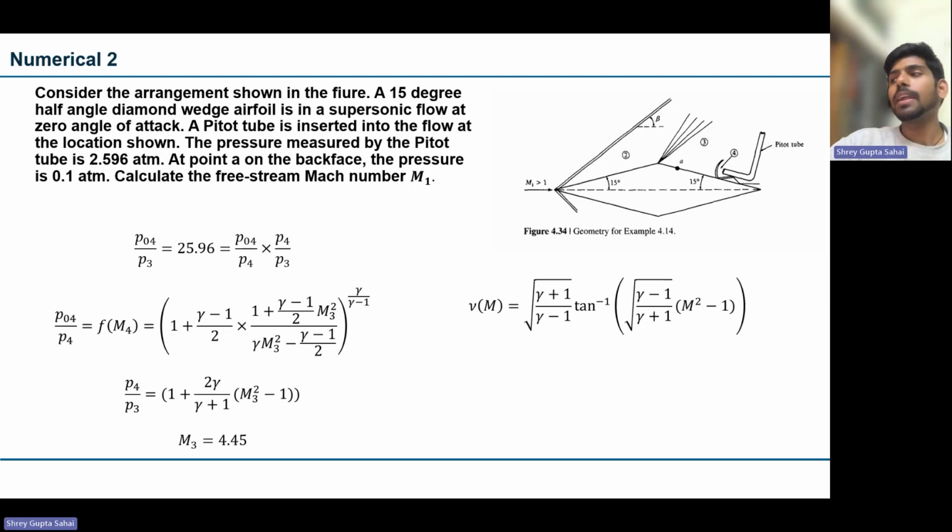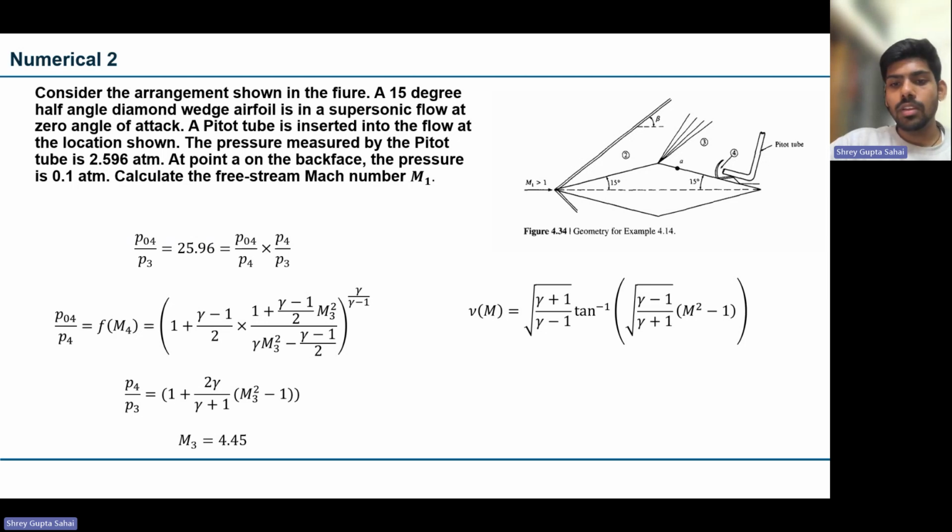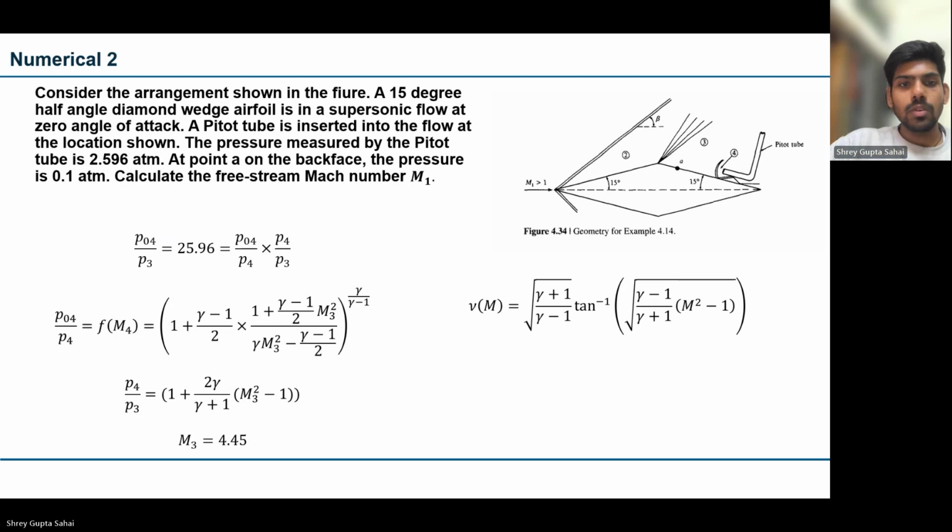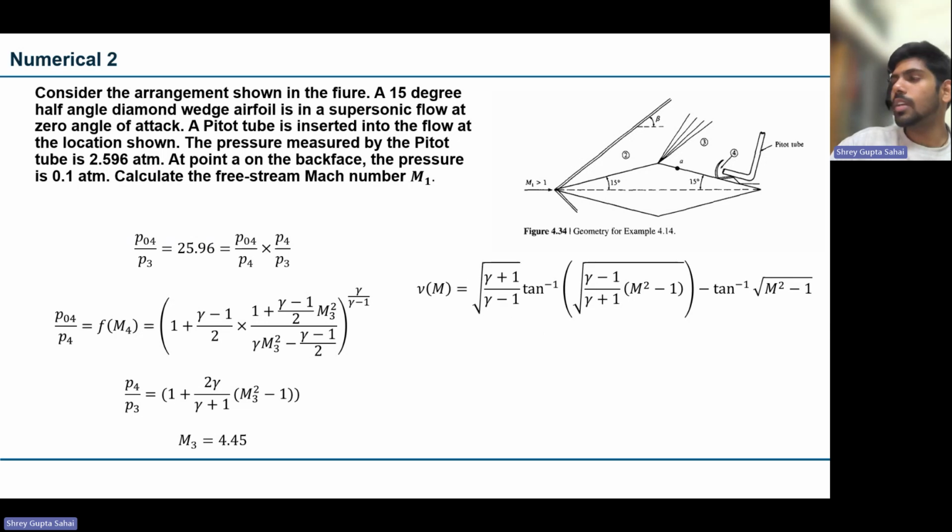So now you see that Prandtl expressions are isentropic, so you don't have to worry about pressure drops or anything. These are just isentropic relations. Then you have minus tan inverse square root of M square minus 1. You can find this expression from the book.